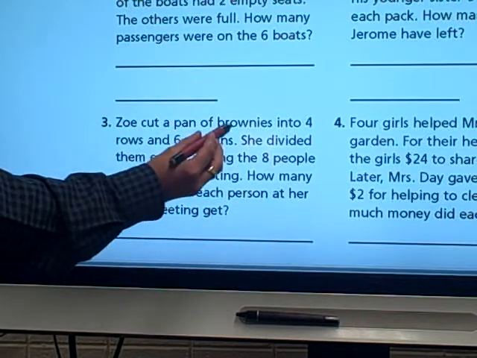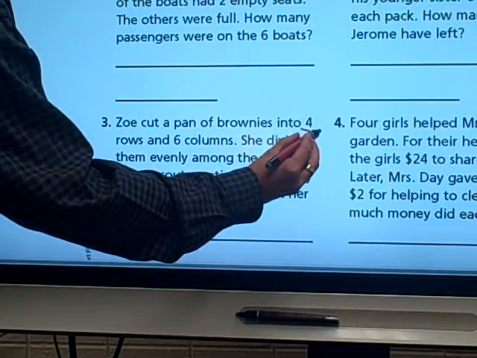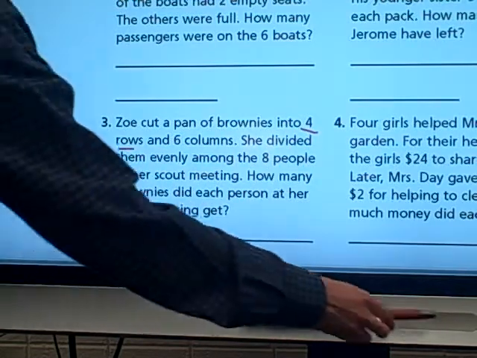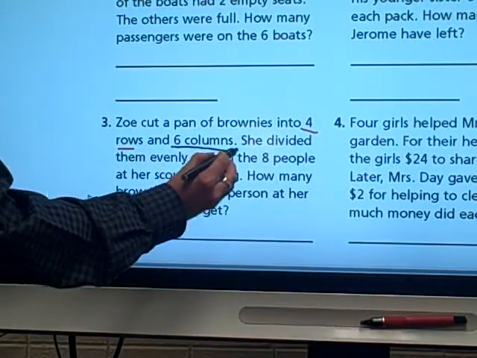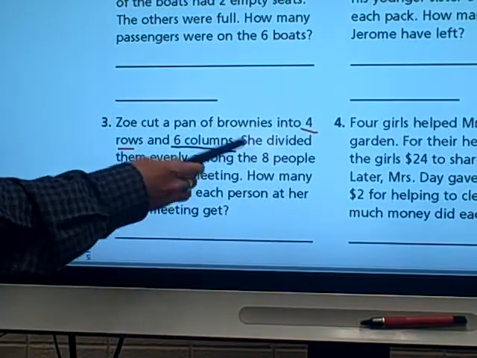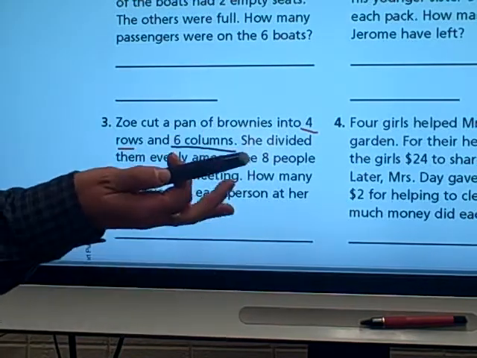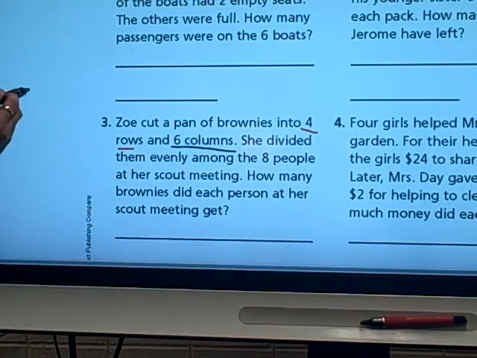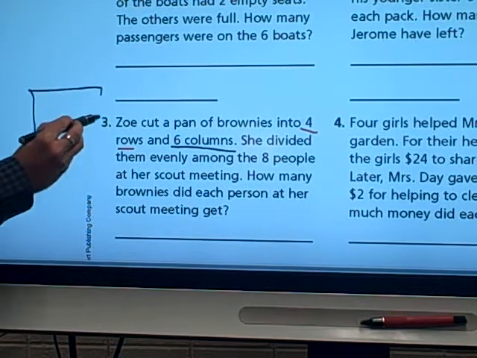So I know she has a pan, and I know there's brownies, and I know there's 4 rows and 6 columns in the pan. I also know that pans are usually rectangular shapes, so I'm going to draw a rectangle over here.